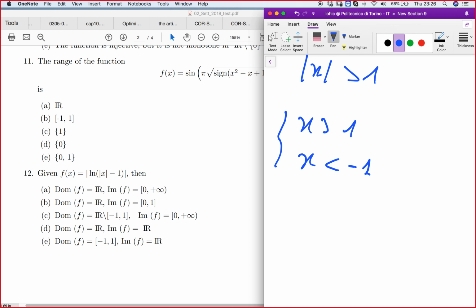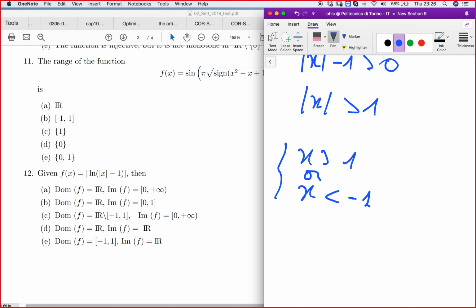This is OR. Because if you take, for example, minus 2, the absolute value of minus 2 becomes 2. Yes or not? So we end up with the domain from minus infinity to minus 1 union 1 to plus infinity.